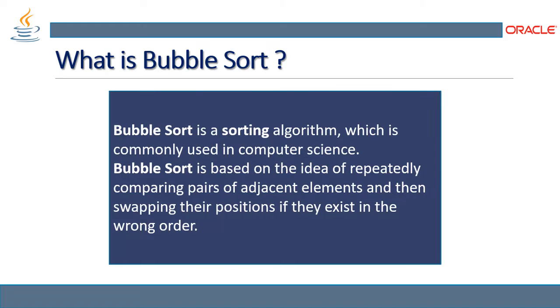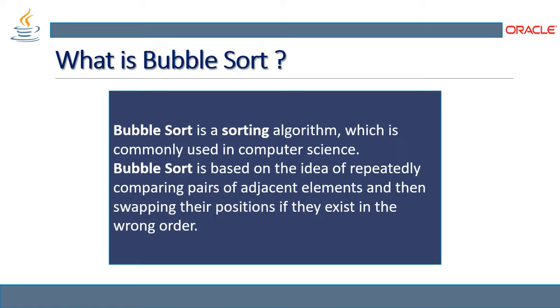practice project. Before we get into the algorithm, let's see what a bubble sort is. Basically, sorting is a kind of data structure where we organize the data as per our requirement. Bubble sort is a type of sorting algorithm which helps sort and organize the data, and is commonly used in computer science.